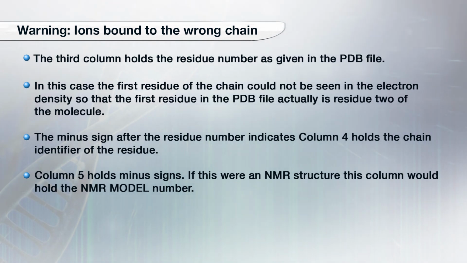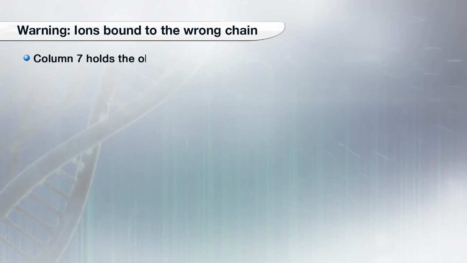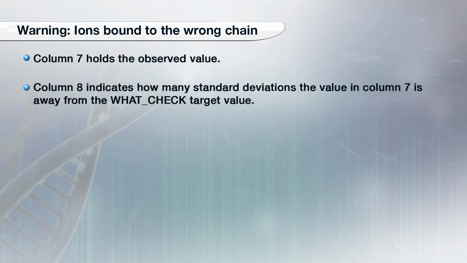If this were an NMR structure, this column would hold the NMR model number. The column labeled 6 will hold the 3 atoms involved in this check. Column 7 will hold the observed value. Column 8 will indicate how many standard deviations the value in column 7 is away from the WHAT IF target value.